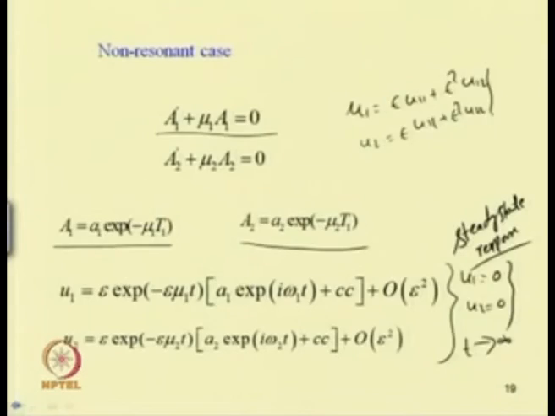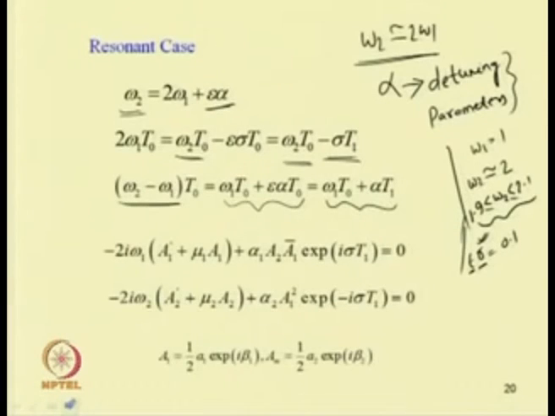So, in this expression, omega 2 minus omega 1 T 0 equal to omega 1 T 0 plus sigma T 1. So, e to the power I omega 2 minus omega 1 T 0 will be equal to e to the power I omega 1 T 0 plus I sigma T 1. So, this is the additional term which shows the nearness of 2 omega 1 to omega 2.